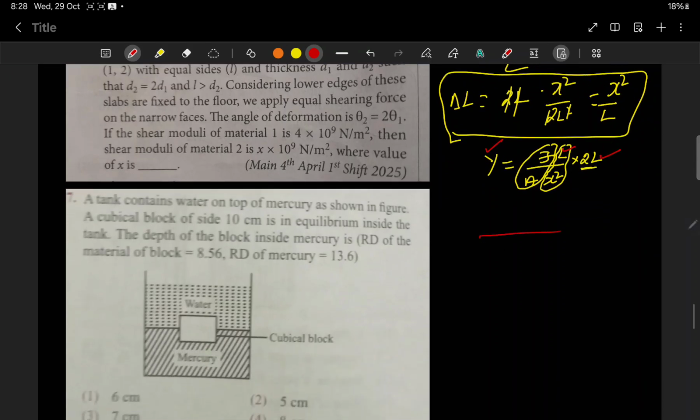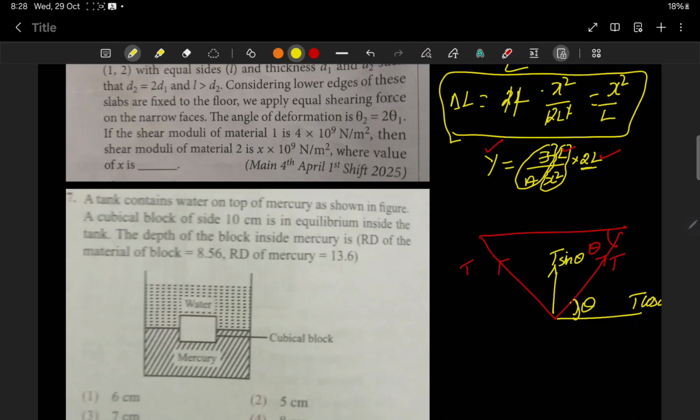So here we have T, and here we have T, and this is the value of theta. The same theta I can write here also. If this is theta and you resolve this, this is T cos theta and this will be T sin theta.